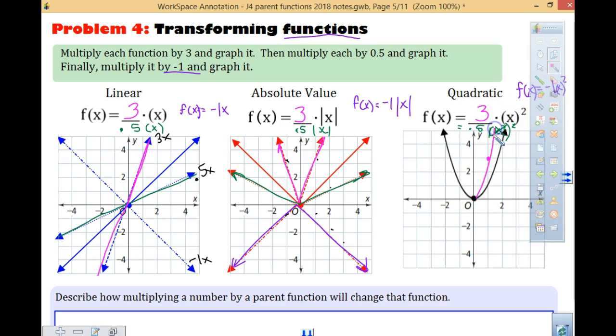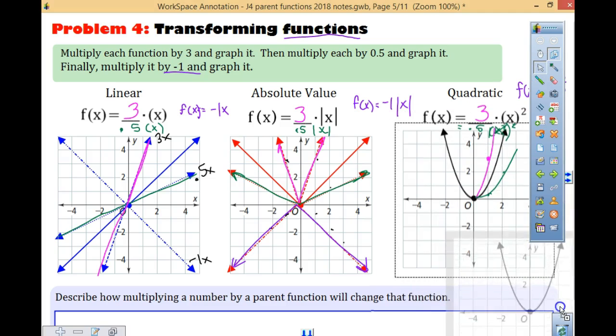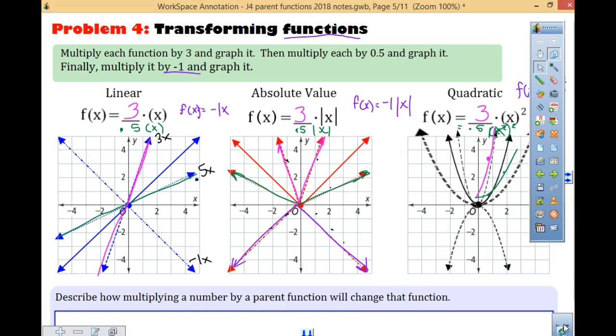So it makes it much narrower if I'm looking at it. 1/2 means that when I plug in 1 squared times 1/2, I'm going to get 1/2. If I plug in 2 squared is 4, 4 times 1/2. So it's making it much wider. And then the negative is going to make it go down.